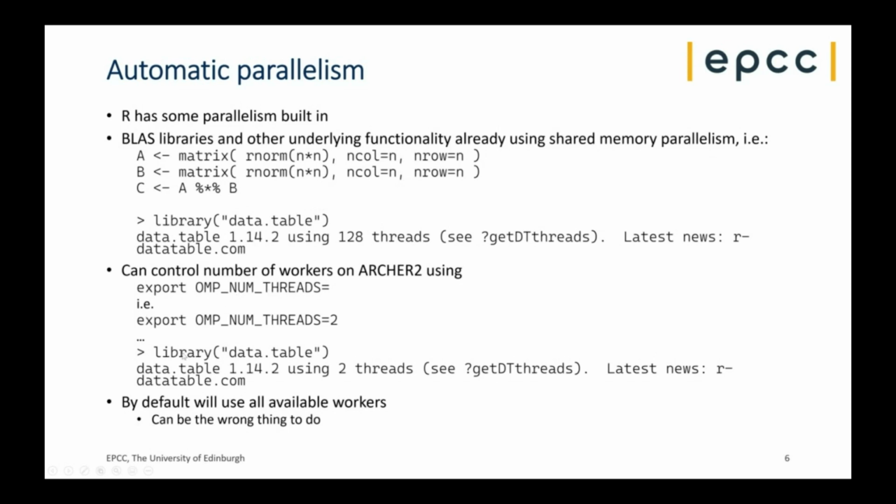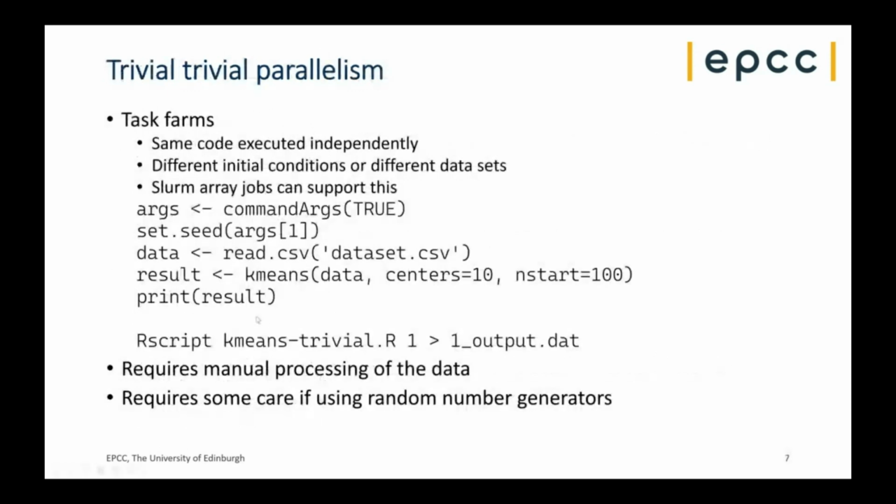And again, on the command line I can export OMP_NUM_THREADS=2, then I can specify that I only want 2 threads and it will come in using that. So there's some built-in functionality where I can get automatic parallelization and get performance there. But I'm not controlling exactly what kind of parallelization I'm getting there. I can just control what kind of workers I have.